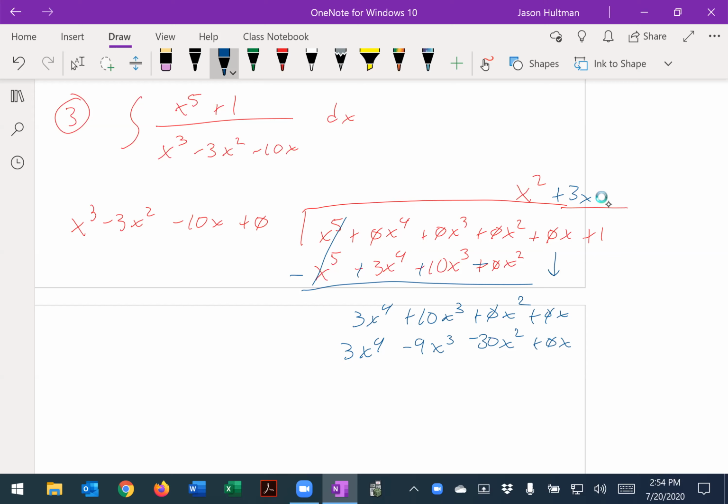Again, change the sign and add. So minus, plus, plus, minus. That cancels.